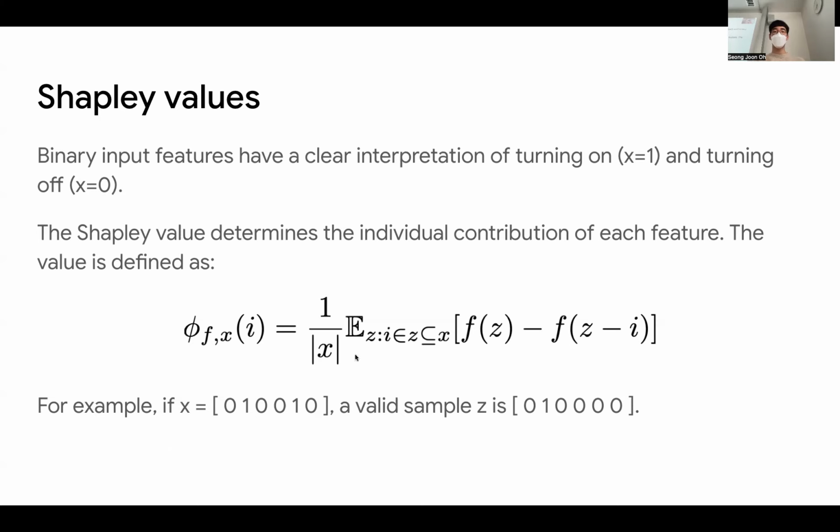And then you take the mean over the length of x. Okay. So for example, Z is of course taking the subset of x. So if x is taking these two elements, then one valid sample of Z is this, for example, taking only this element here. Okay, so you're taking the average contribution of I in all kinds of cases, inside the original input X.